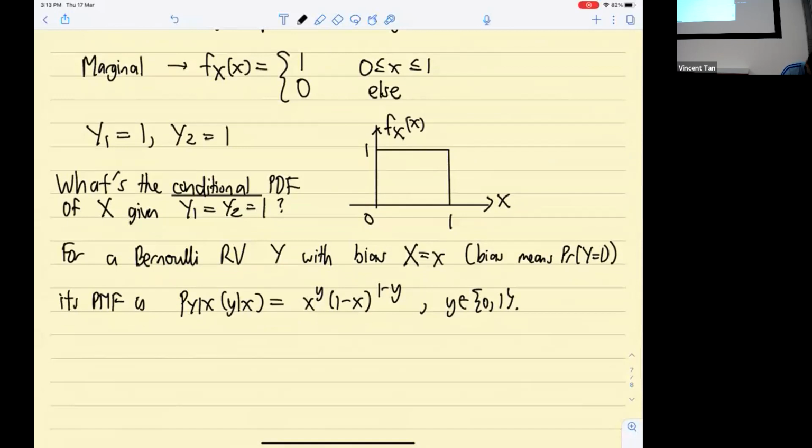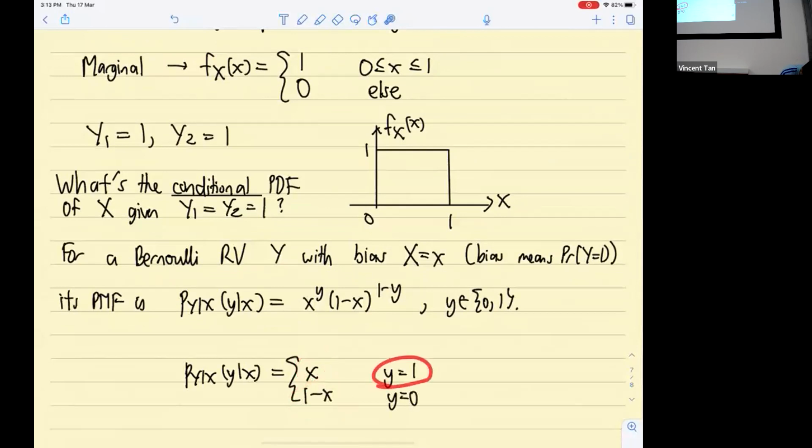Usually we write the PMF as P of y given x, equal to x when y is equal to 1, and 1 minus x when y is equal to 0. That is our probability of success, or the bias probability.